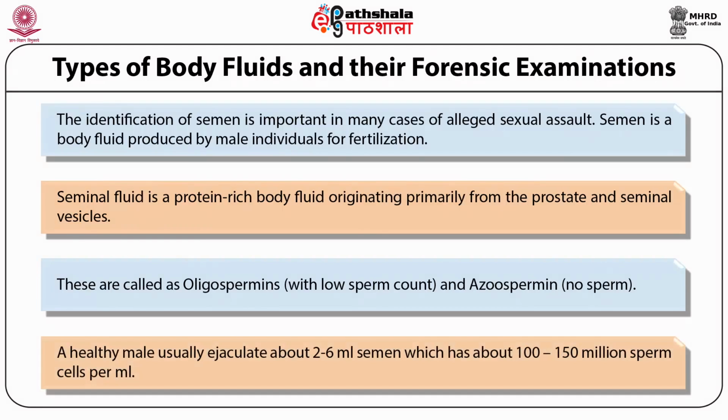A healthy male usually ejaculates about 2 to 6 milliliters of semen, which has about 100 to 150 million sperm cells per milliliter. Its appearance is a thick, yellowish-white, opalescent secretion having a characteristic odor known as seminal odor.